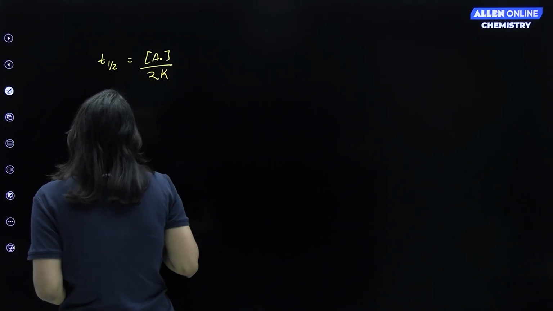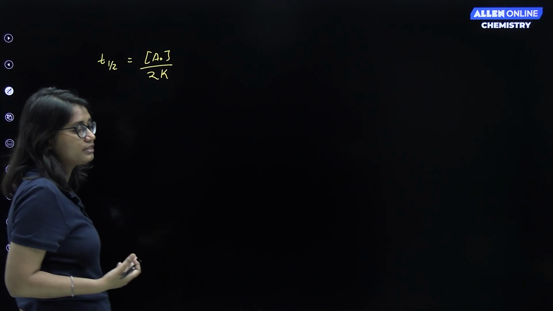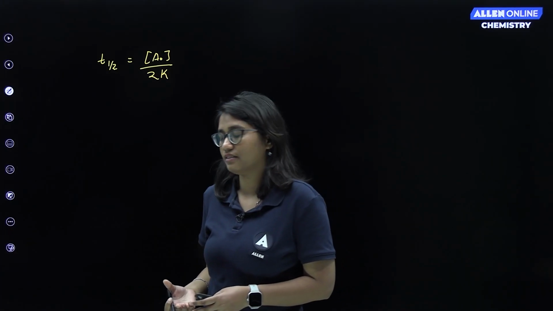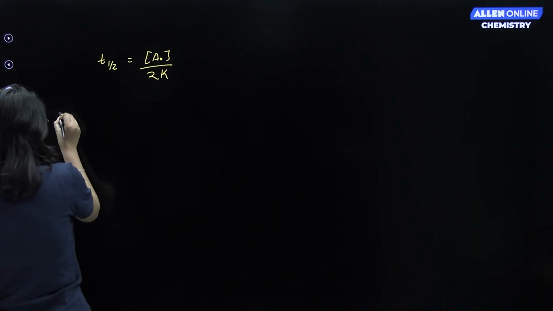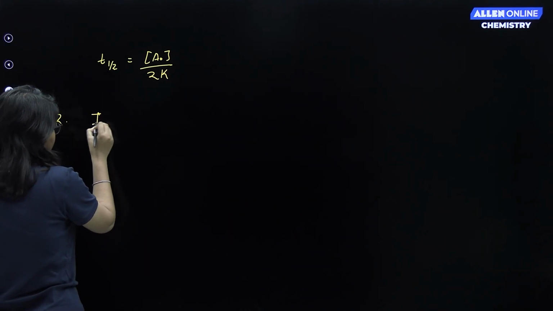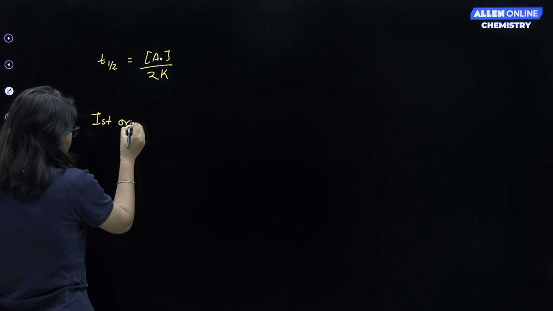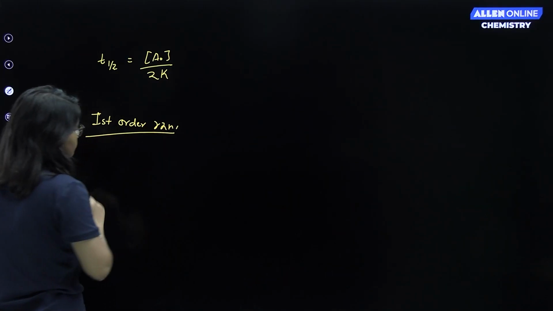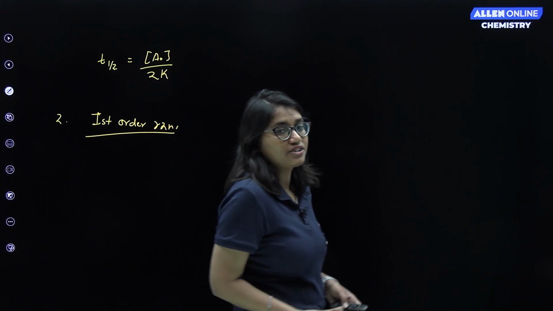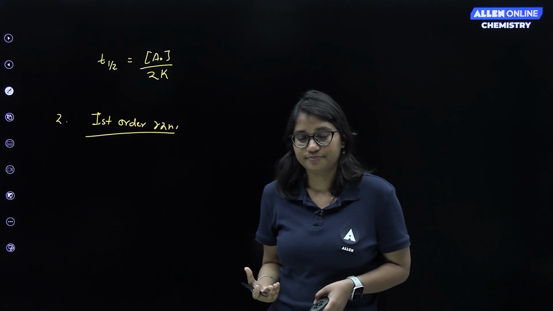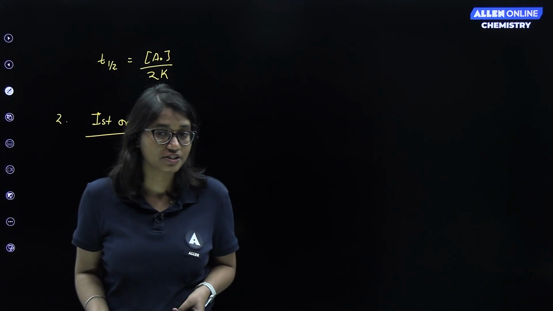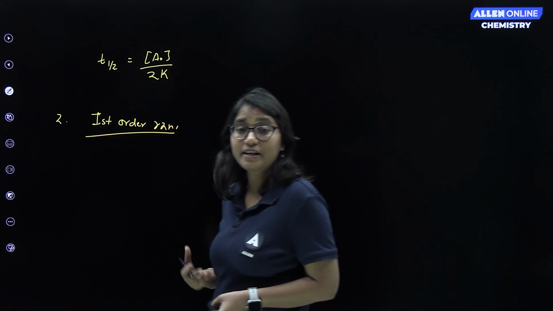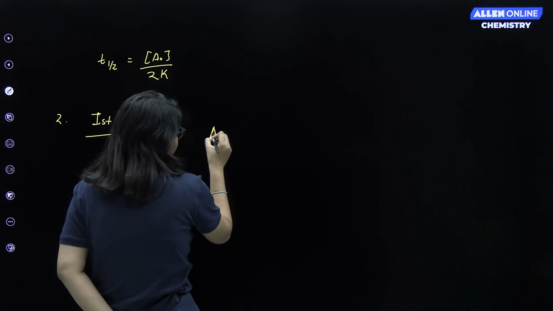Now moving towards the most important case, that is first order reaction. For first order reaction, rate depends on concentration. If concentration is increasing, rate also increases. It can be expressed in this way: A is converted into product.